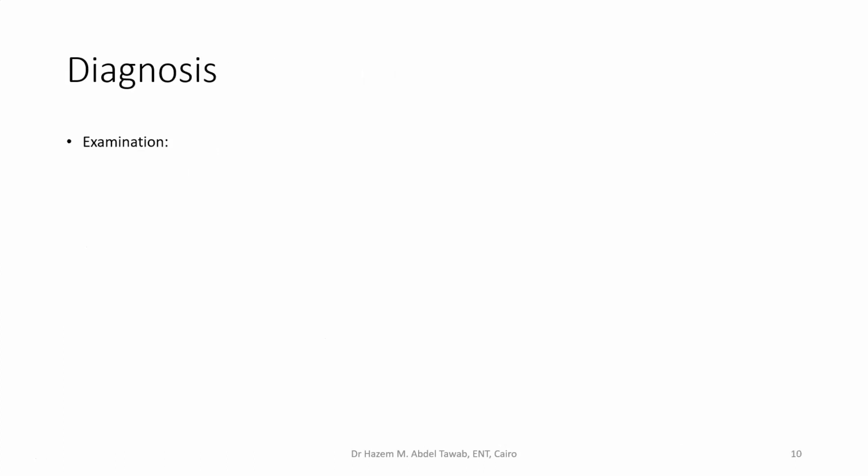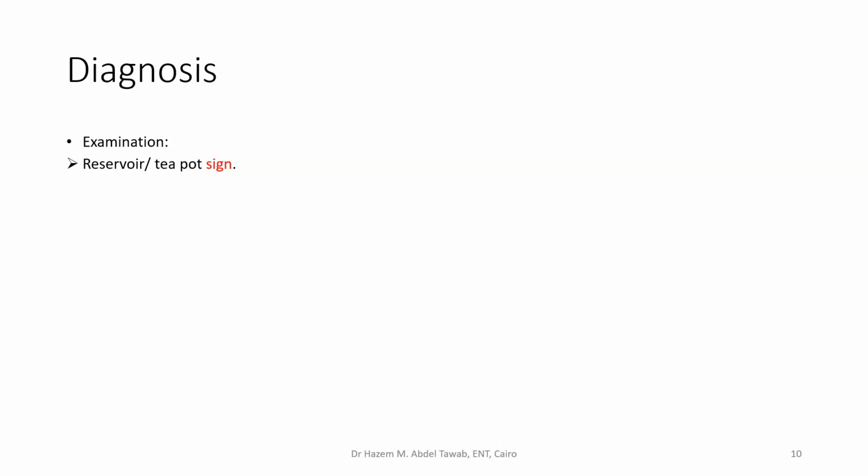So how to diagnose cerebrospinal fluid rhinorrhea? The diagnosis actually is based on many things, based on your examination, based on your investigations. So start first with your eyes, with the examination. Actually, what is interesting about the cerebrospinal fluid is the lots of signs that you can see here. The reservoir or the teapot sign. Actually, this is the sign which raises the suspicion when the patient comes to your clinic.